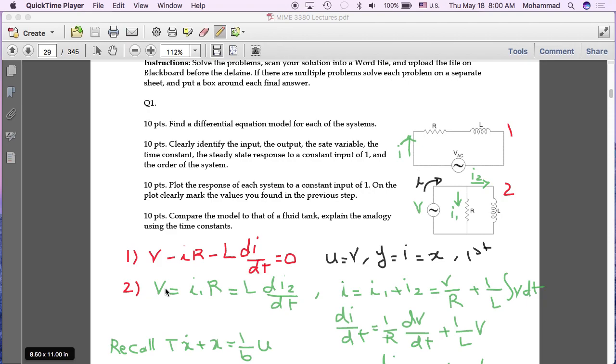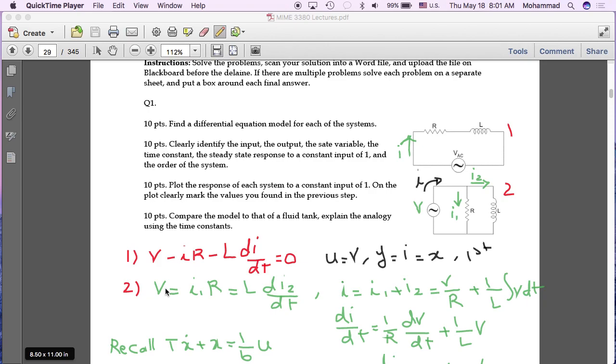You go around the circuit and add up voltages. Source of voltage obviously is a positive voltage. As you see, I'm talking about equation number one: V minus I times R, which is the voltage drop across the resistor, minus L di over dt equals 0. That's Kirchhoff's law. You go around the circuit, you add up voltages, and that's equal to 0.